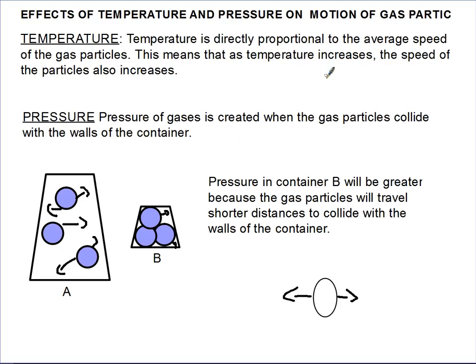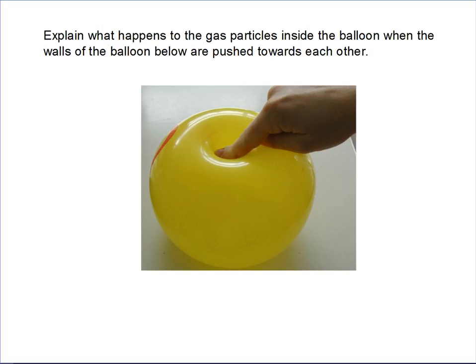But when we say directly proportional, that means that as temperature is increasing, the average speed of the gases also increases. So as one parameter increases, the other also increases. That is what we call directly proportional. As one decreases and the other increases, we call that inversely proportional.